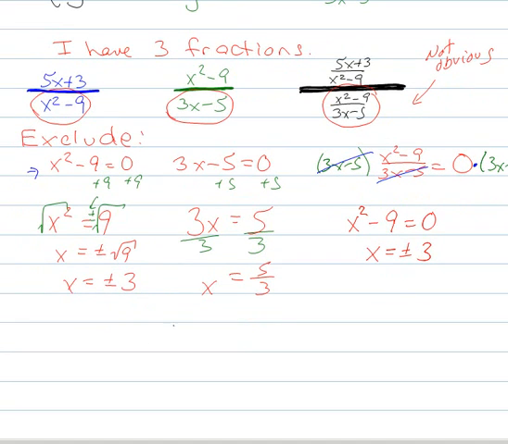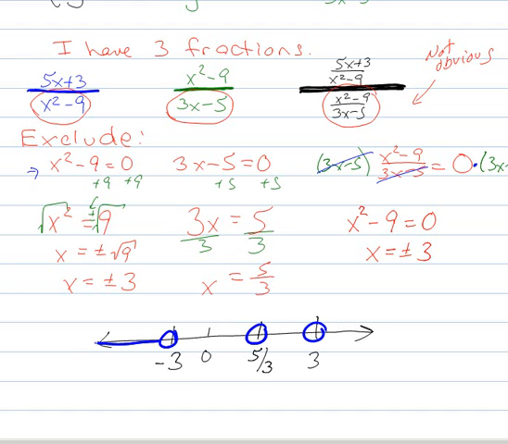So I want to exclude negative 3. I want to exclude 5/3. And I want to exclude positive 3. Exclude, exclude, and exclude. Everything else is now going to be okay. See where we're going with this?